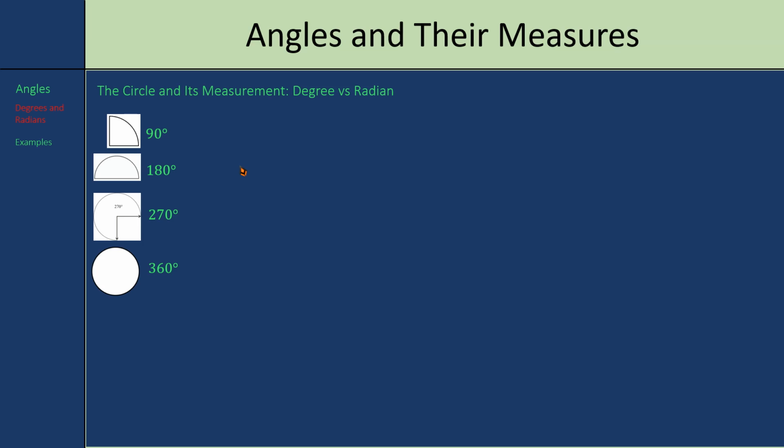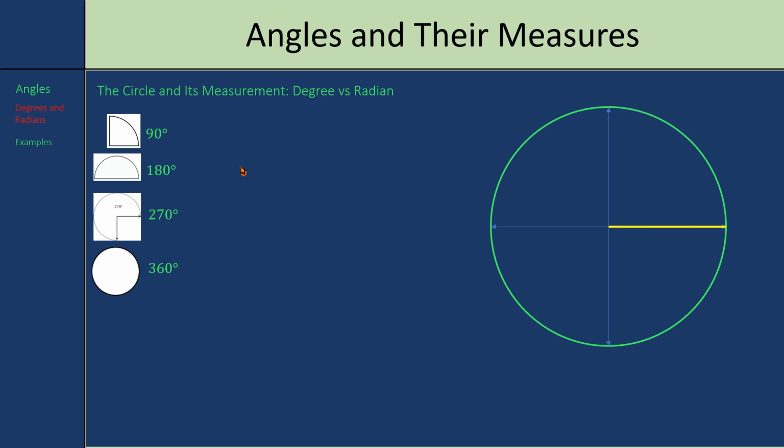Now we have to learn how to do that with radians. It sounds kind of crazy, but it's really not. Imagine you have a circle, and that yellow segment there is the radius. If I take that radius and lay it on the circle, imagine it's like a string, I cut it and lay it on the circle.